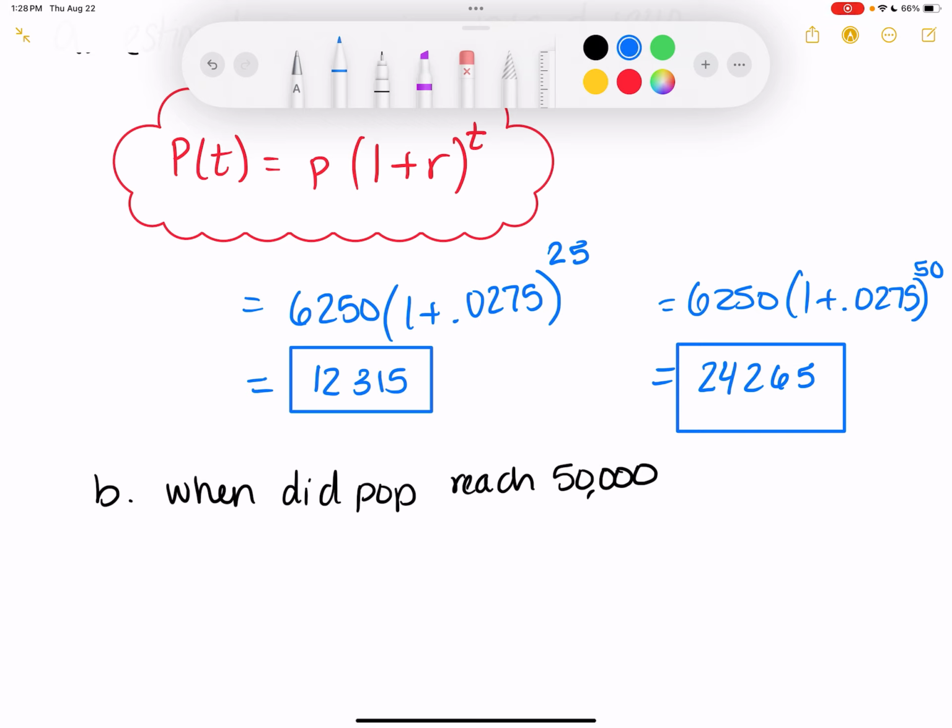That's what the P of T is. The only difference is, well, the two differences. We have the 50,000 on the left, and our exponent is T because we need to find the number of years.